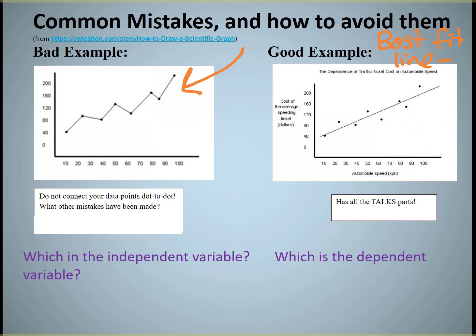Okay, so looking at a graph or a data table, you should be able to tell me the independent variable and the dependent variable. The independent variable, remember, is the x-axis, so this would be the auto speed. And the dependent variable would be the cost of the ticket. And we have a descriptive title, and we've counted at consistent intervals, and we've done a best fit line, and we've started at 0.